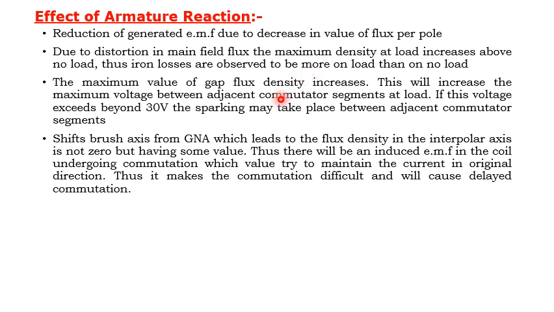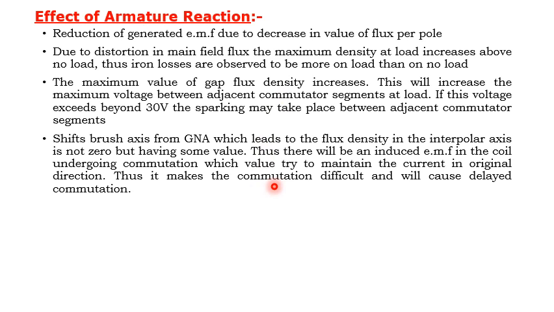The next effect is that sparking may take place between the adjacent commutator segments, because the maximum value of the gap flux density increases, which leads to an increase in the voltage between the adjacent commutator segments.